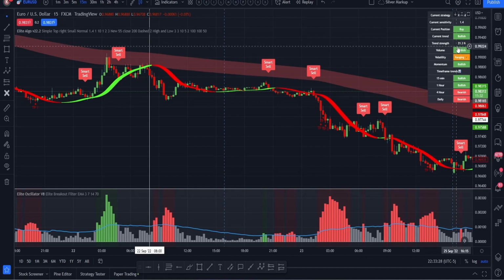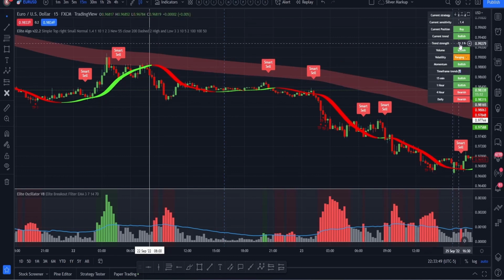The dashboard is going to help you see where the trend is and how strong the trend is. You'll see the 15 minute, the 1 hour, and the 4 hour. You want at least the 15 minute and the 1 hour to show the trend of the trade that you're trying to make.